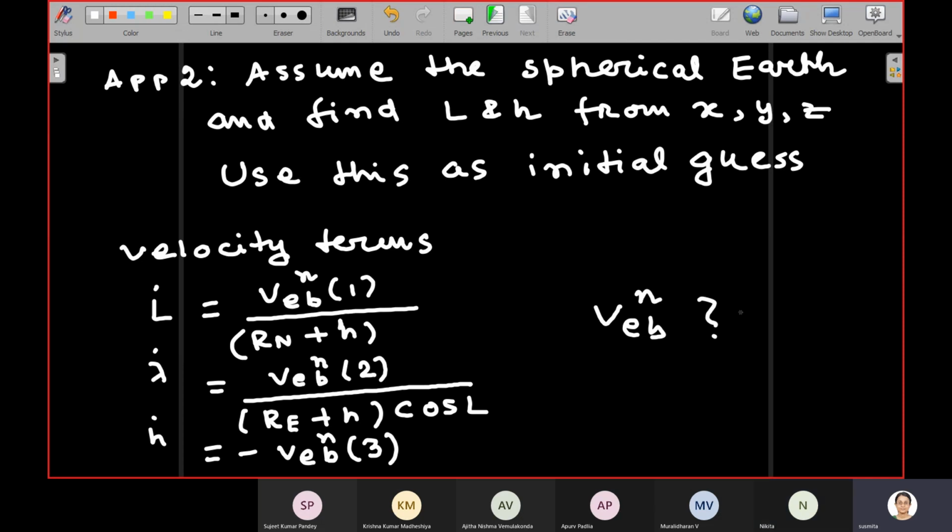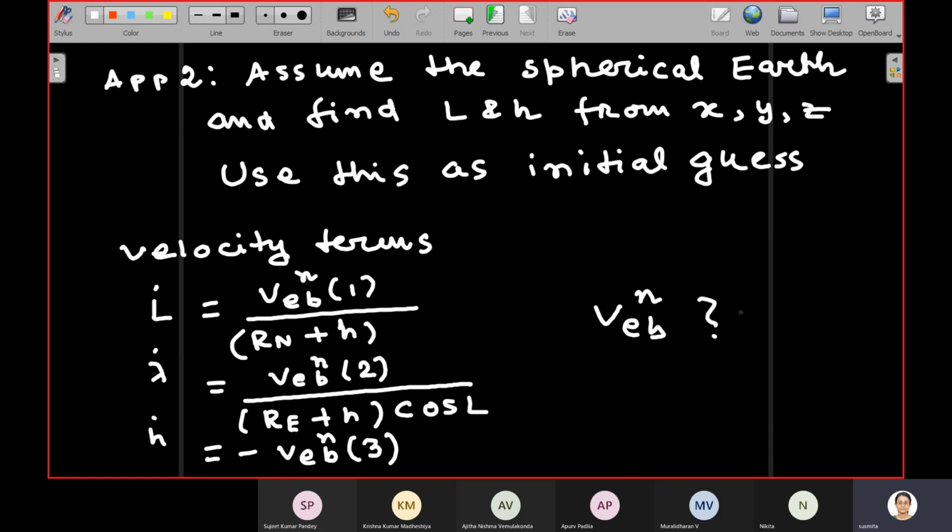Ma'am, it's the linear velocity of the body frame with respect to the Earth frame and along the axes of the NED frame. Earth-centered Earth-fixed frame, okay? Simply saying Earth frame is not sufficient because we have defined two frames, the earth-centered inertial frame and the earth-centered earth-fixed frame.